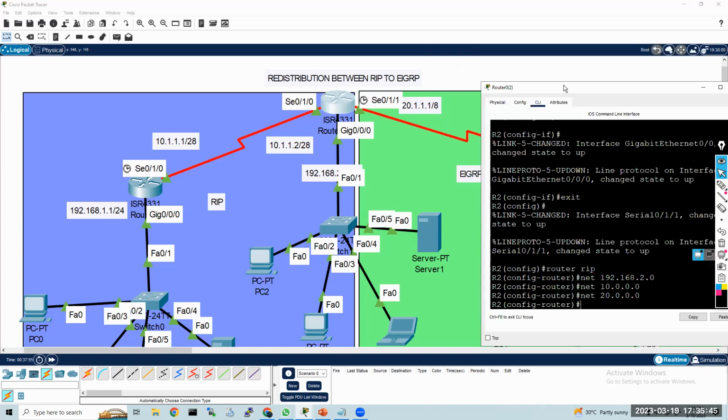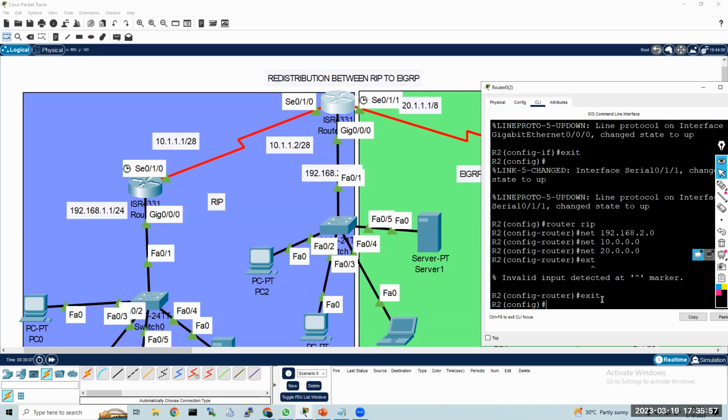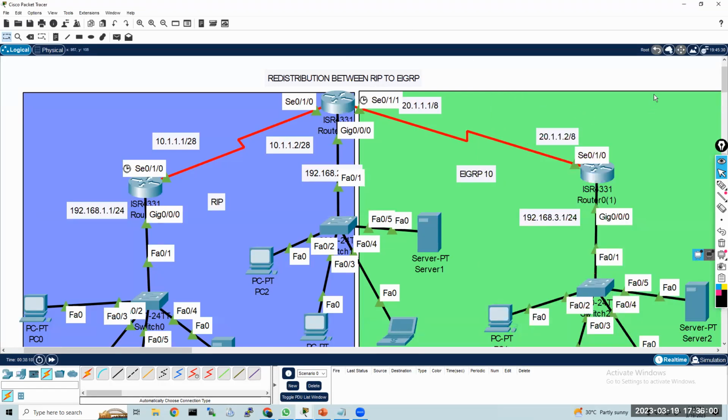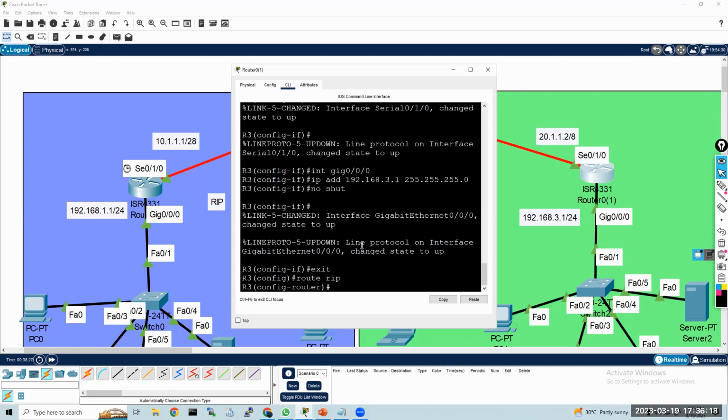Right. Good. Oh, typing error. Wait, do we have RIP on router 3 as well?